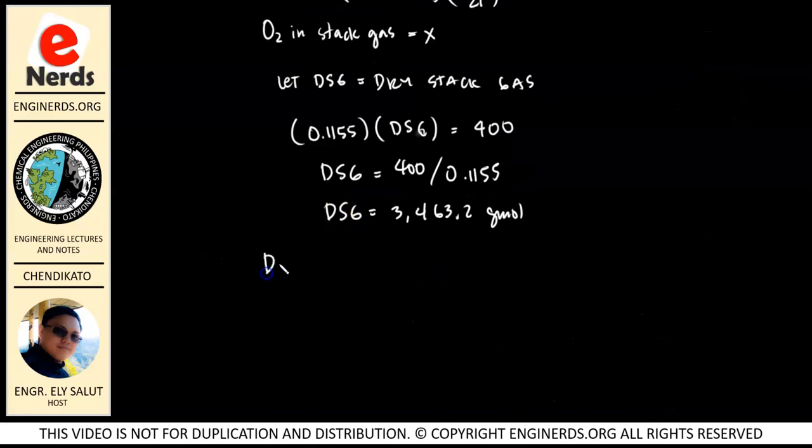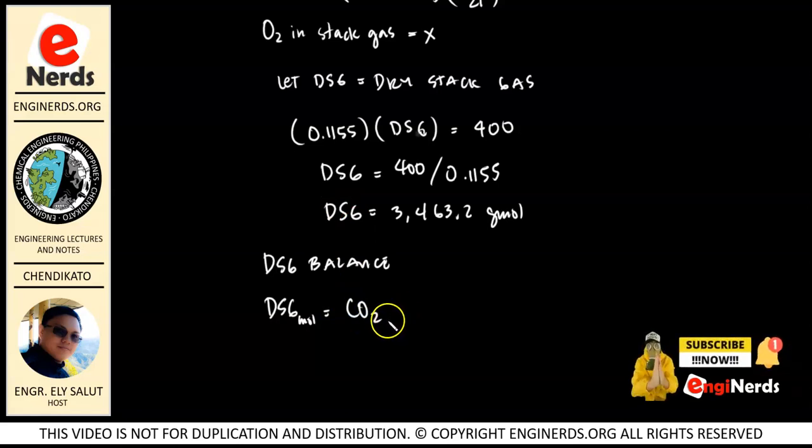So, of course, the number of mole of our dry stack gas is equal to the number of mole of our CO2 in our stack gas plus the number of mole of our excess O2 in our stack gas plus the number of mole of our N2 in our stack gas.